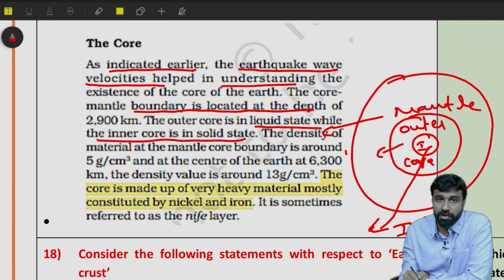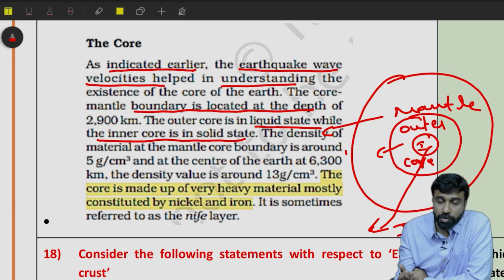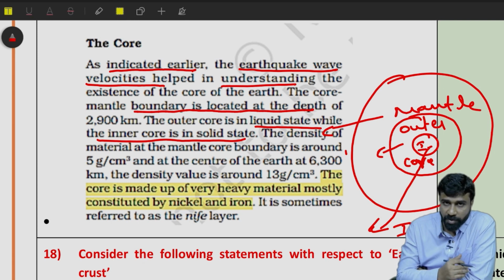So, in the inner core you have less pressure but more intense heat, which is causing the outer core to melt, and the outer core is experiencing the highest level of pressure due to the objects underlying in the mantle part. Simple.